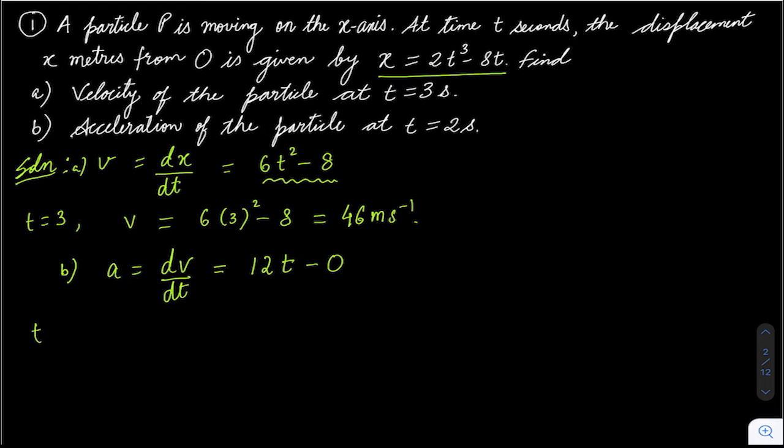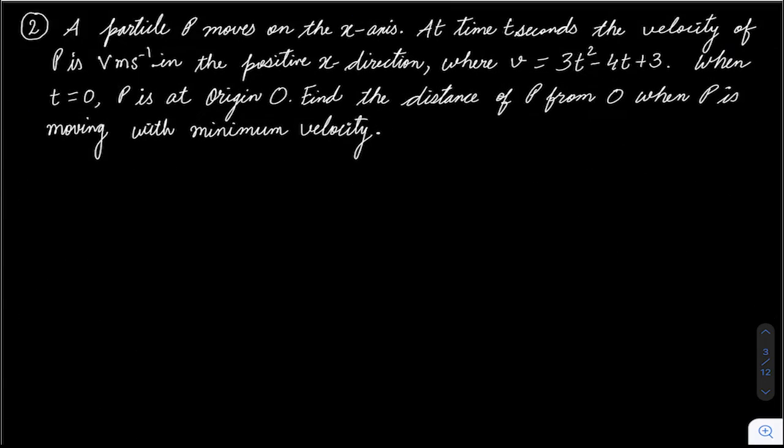We need time equal to 2 seconds, so let's substitute t as 2. I get acceleration as 12 times 2, that is 24 meters per second squared. So this is my B part. I hope everyone understands. This is just basic application of the basic formulas: v is dx by dt and acceleration is dv by dt. Let's try more questions on this.